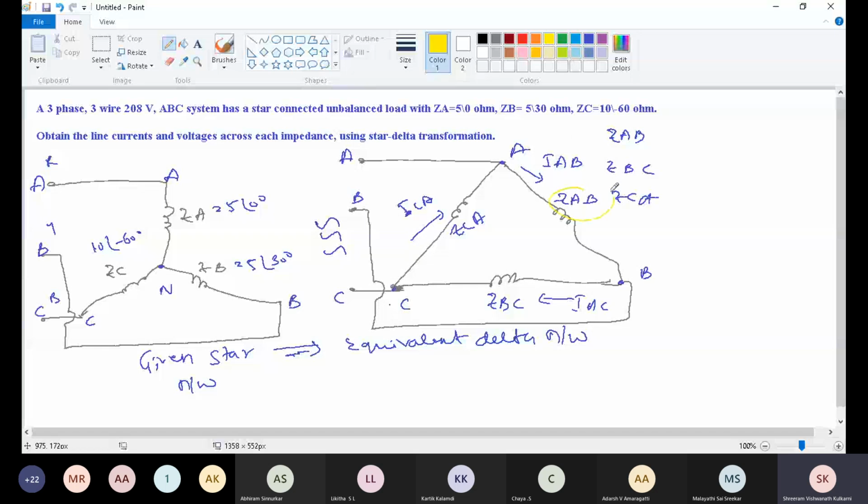You can see here ZAB, ZBC, ZCA, and the currents flowing through those branches are IAB, IBC, then ICA. Now I can simply write this. Don't confuse it with ZA, ZB, ZC. We know the formula for this, and I will solve one, the rest we can solve afterwards.